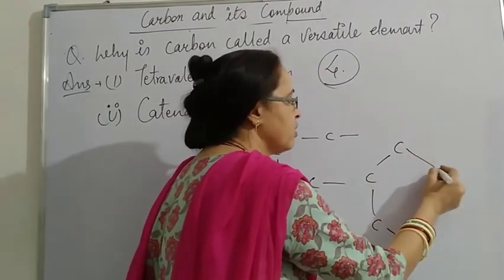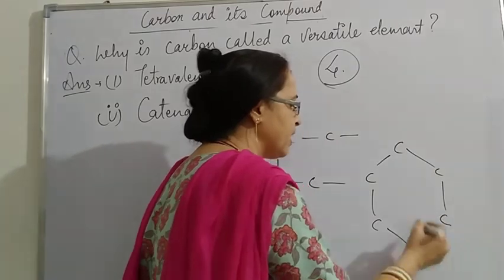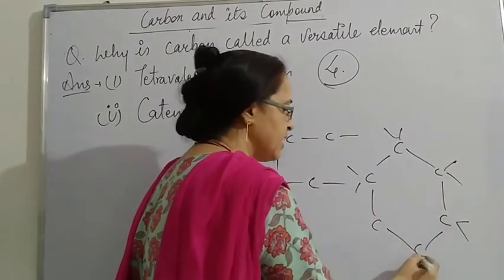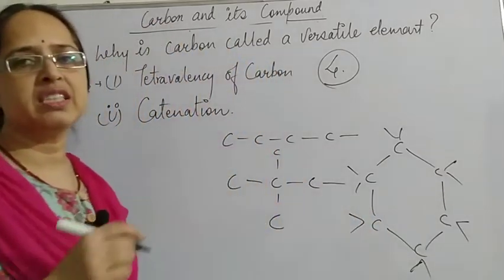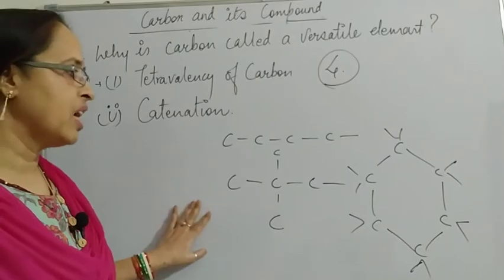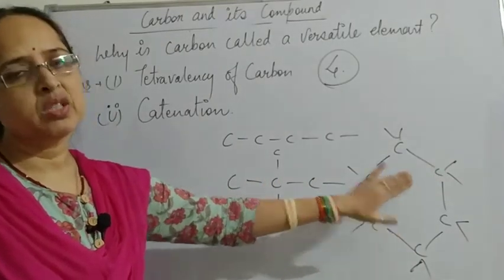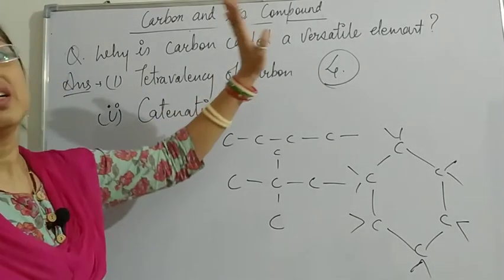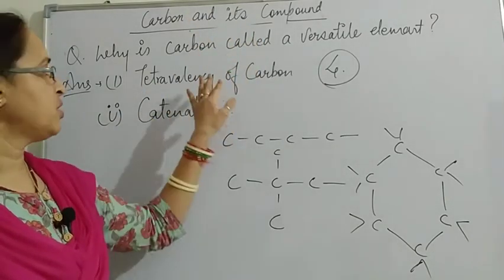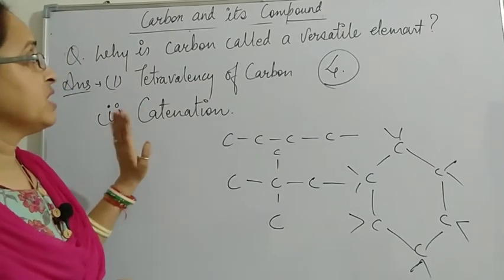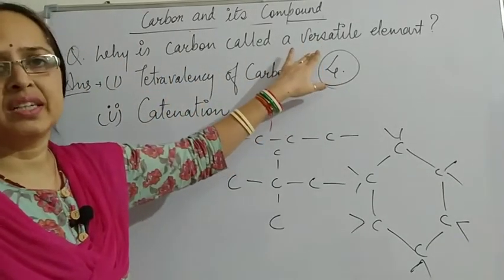This property of linkage is called catenation. That means self-linking of the carbon, either in chain, branched or ring form, is called catenation, and both these properties are with carbon. Carbon shows tetravalency, carbon also shows catenation. So we say that carbon is a versatile element.